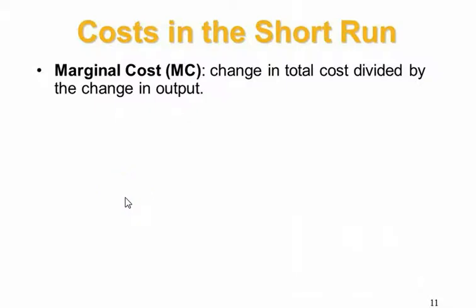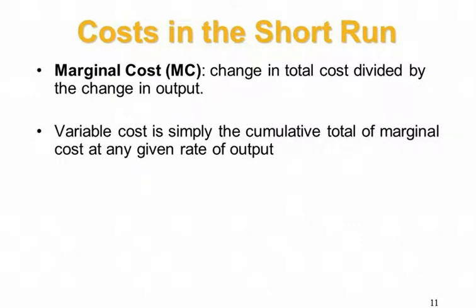Now, marginal cost, like I said before, is simply the change in total cost when you produce one more unit. And some people mix up variable cost and marginal cost because they sound the same. Variable cost tells you how total cost changes as you change output, and marginal cost is the change in cost when you produce one more unit.